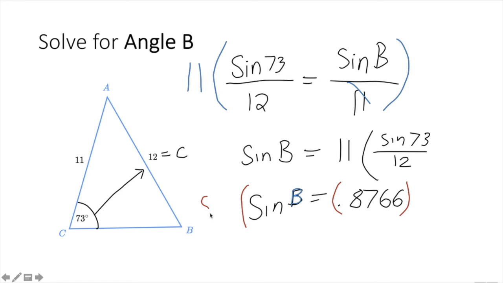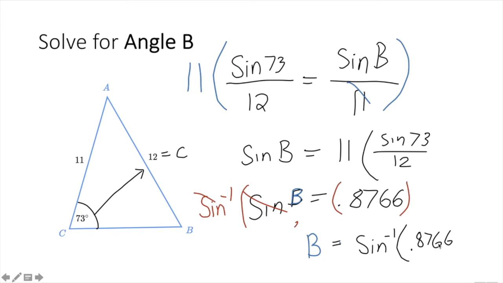So we need to do what we've been seeing on the calculator button so far, which is sine to the -1. If you already know about this, this should be a breeze for you. We need sine to the -1, which would cancel these out, and then leave us with b equaling the inverse sine of 0.8766, and that should give us something that looks more like a degree measurement.